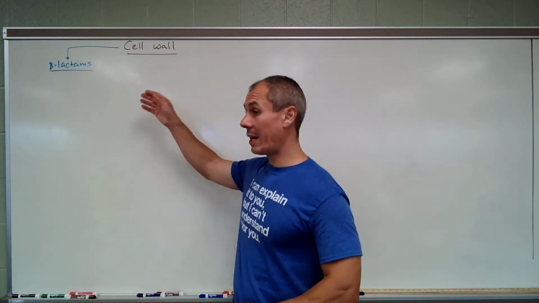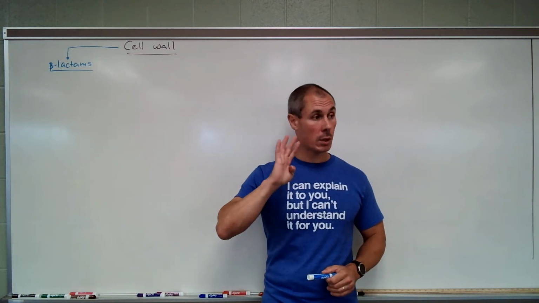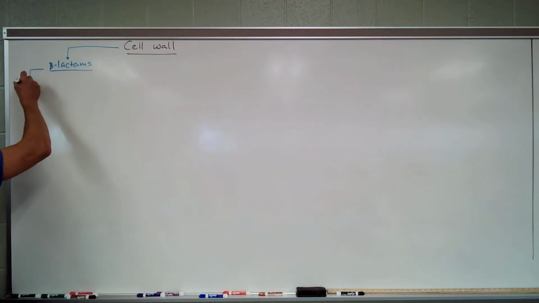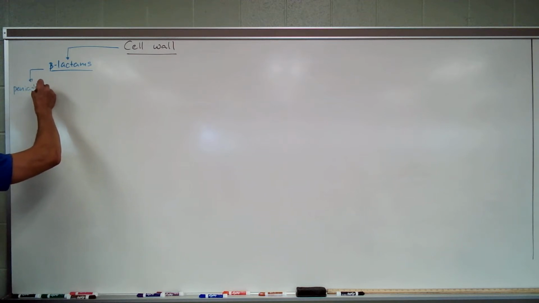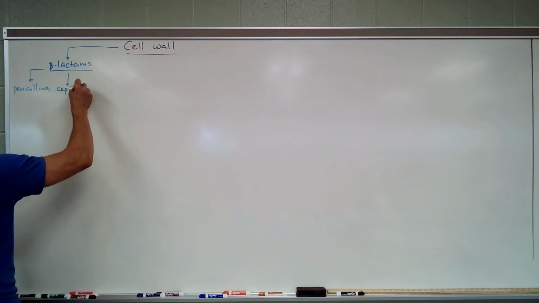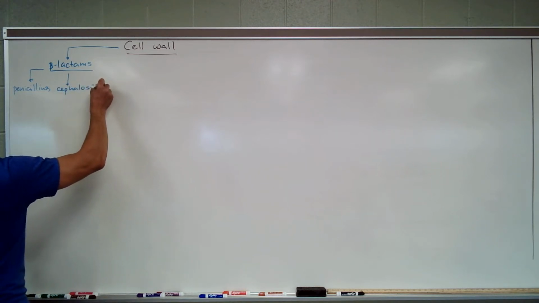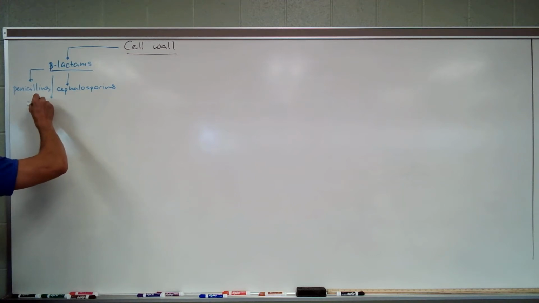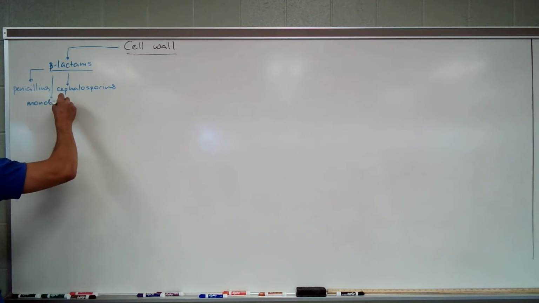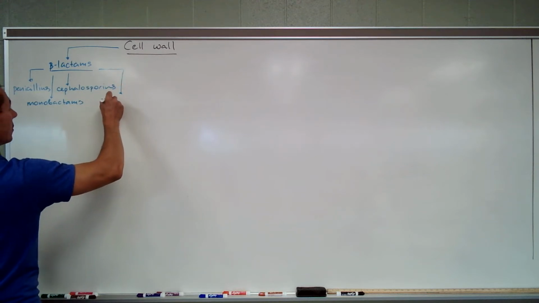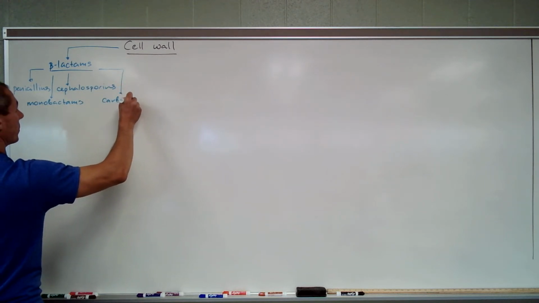So among beta-lactams, there are 4 classes: penicillins, cephalosporins, monobactams, and carbapenems.